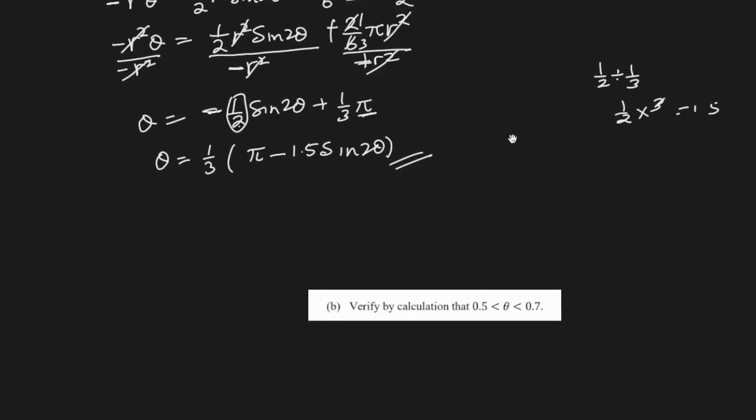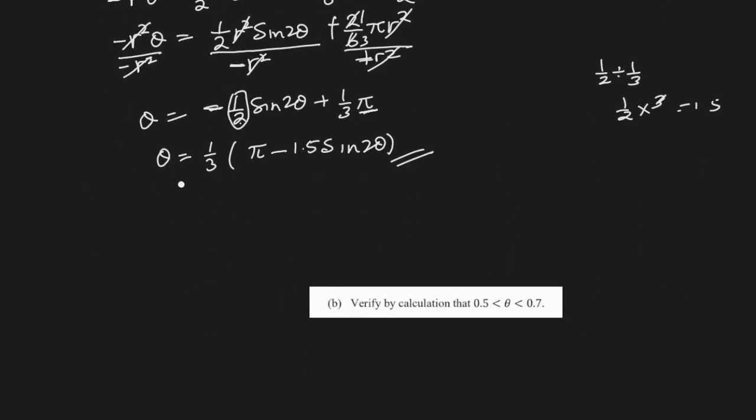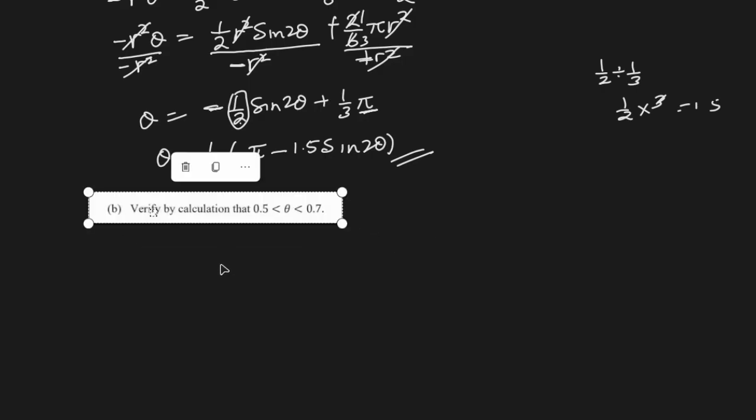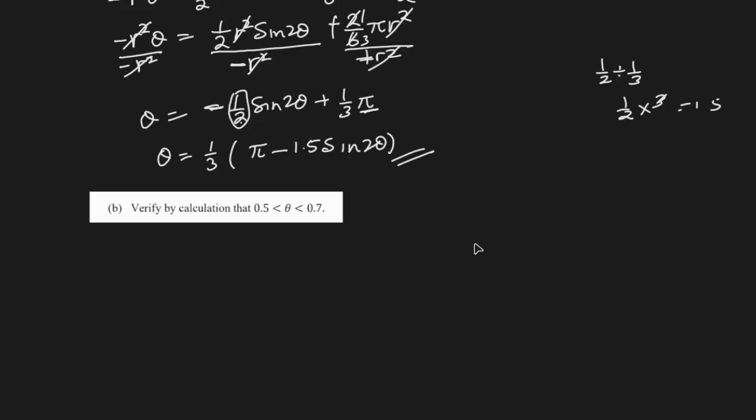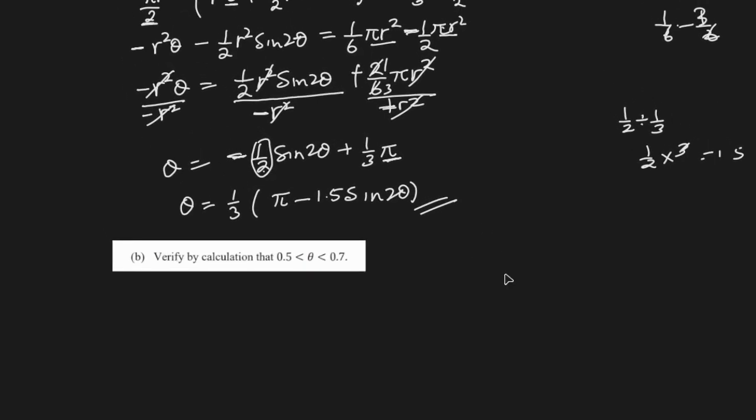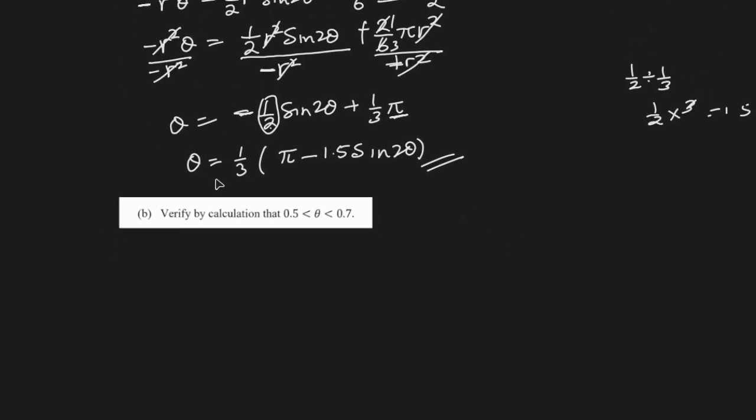Okay, verify by calculation that theta is lying between 0.5 and 0.7. So for that, what should we do? This is what we have. We should move everything to one side. So let me move this part to the left side.